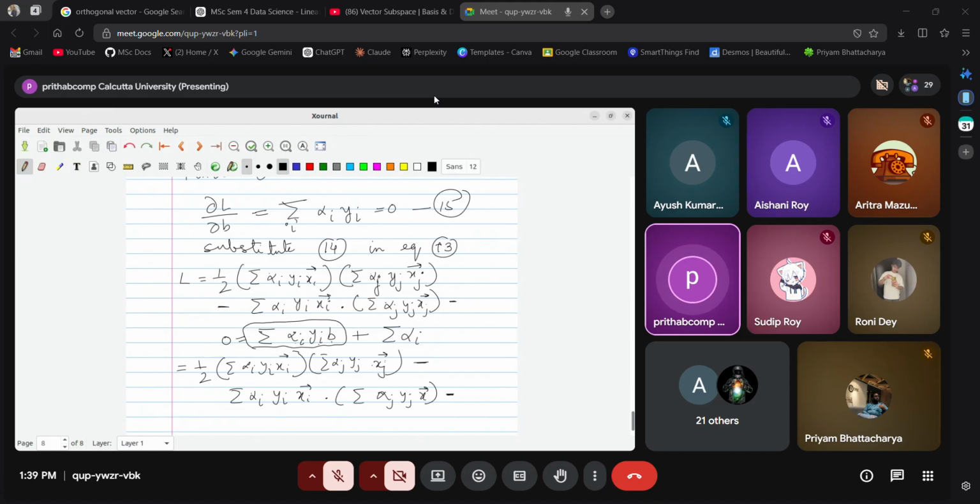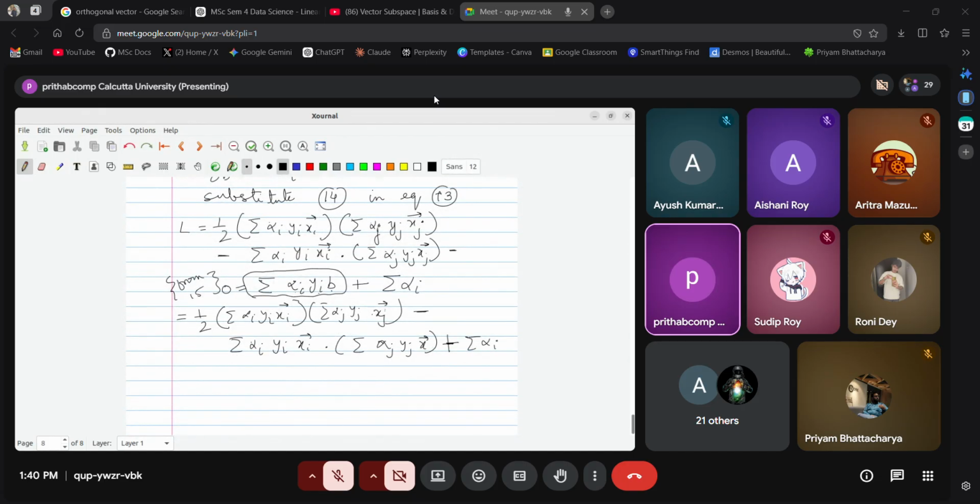You get this from 15. So this part becomes 0, and this minus thing will not be there. So we will simply have a plus summation alpha i.